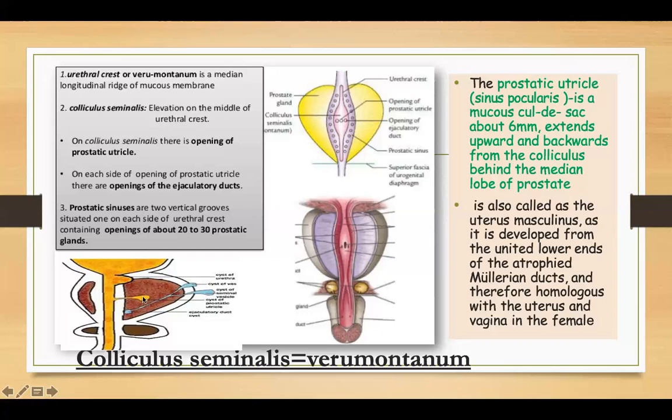So this is prostatic utricle. It is also called uterus masculinus, as it is derived from the united lower ends of atrophic mullerian ducts and therefore homologous with the uterus and vagina in the female.